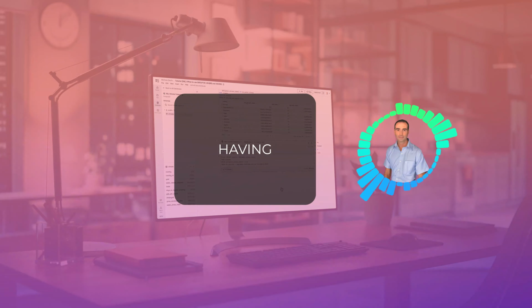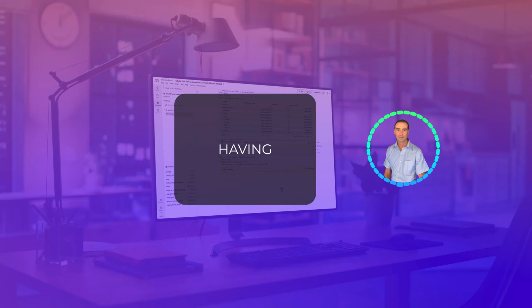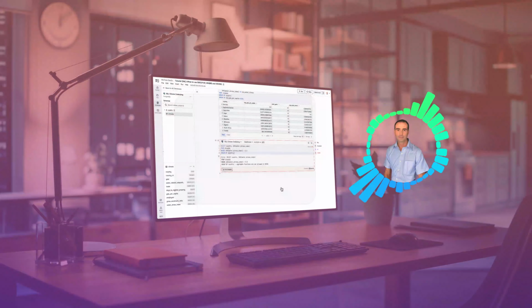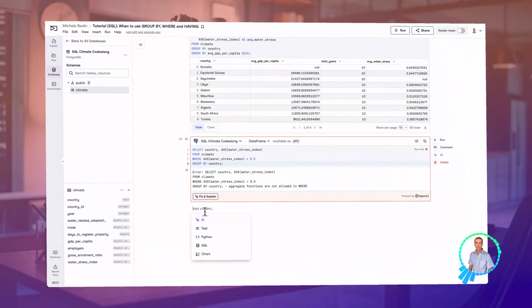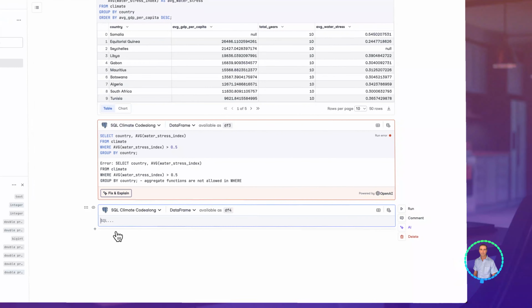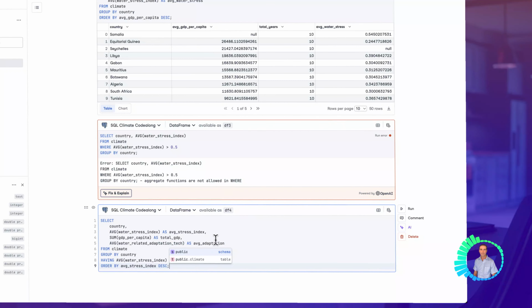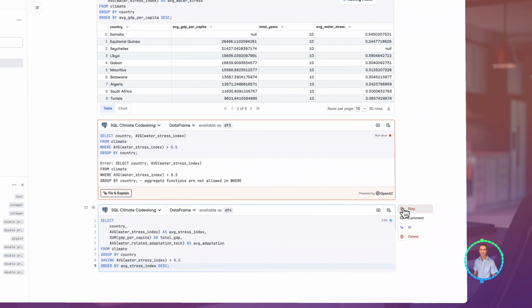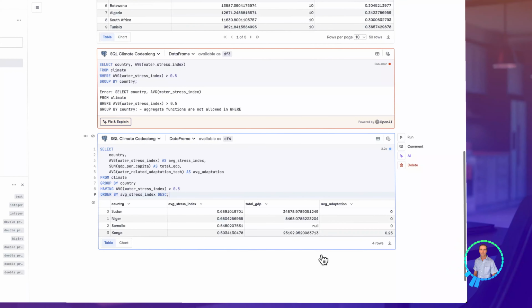Having overcomes the limitation of where by allowing us to filter aggregated data. Let's see how it works in this example, where we aggregate data by countries and filter out those with an average water stress index above a certain value. Notice how this query generates no errors. This is the power of having, which allows aggregate functions to filter the data, unlike the where clause.